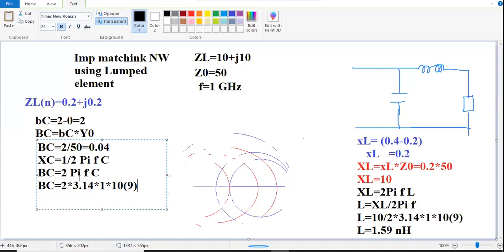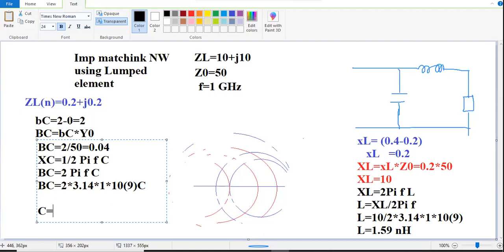So just rearrange it into your C. These values you got. So C equals BC upon this. BC value, how much you got? BC equals 0.04. So 0.04 divided by 2 into pi into 1 into 10 to the power 9.